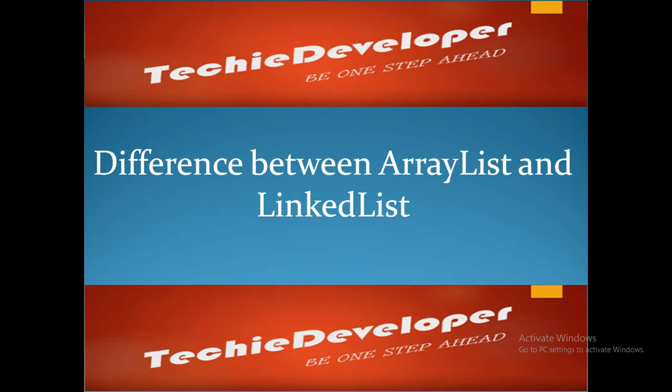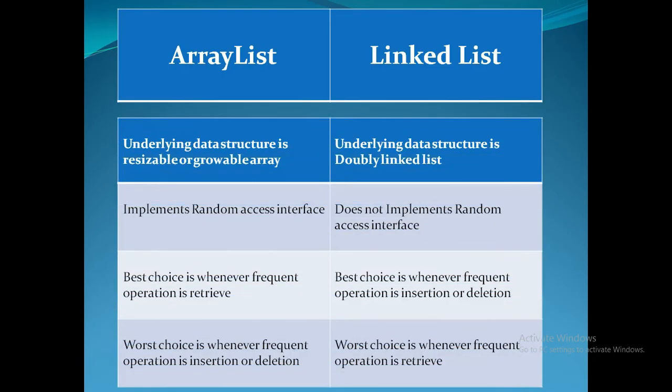Okay, so you can find the difference in the way of implementation. In case of what are the data structure, then what is the best choice, what is the worst choice, when to use that. In that scenario you can find a difference. So let's start with. So first difference is with the underlying data structure.